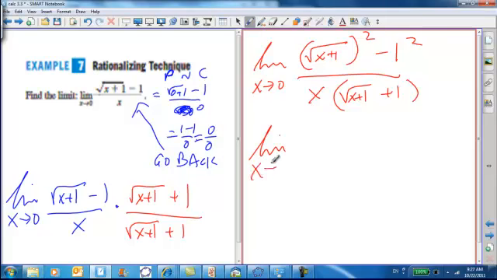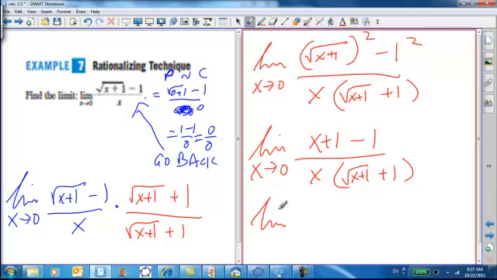On top, we see it simplifying. We get x plus 1, because squaring will undo the square root, minus 1 over x times all that yada yada. And then limit as x goes to 0 of x over x times the square root of x plus 1 plus 1.